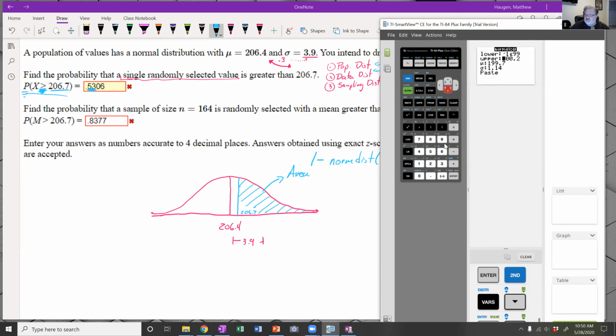Either way would be fine. 206.7 with a 206.4 mean. And this is just, again, our normal standard deviation here, because it's a single value we're looking at. So it's just that 3.9. But I want to subtract that from 1. So I'm going to get that answer and go 1 minus that answer.